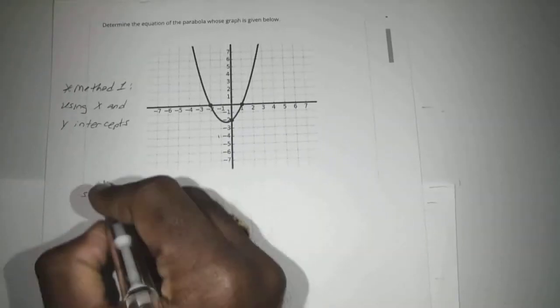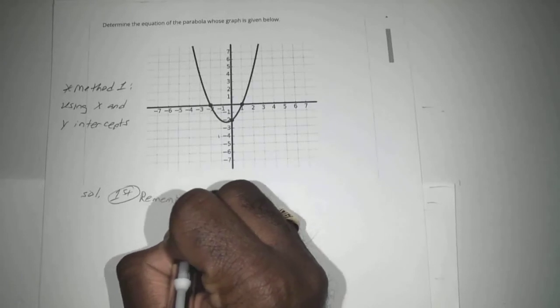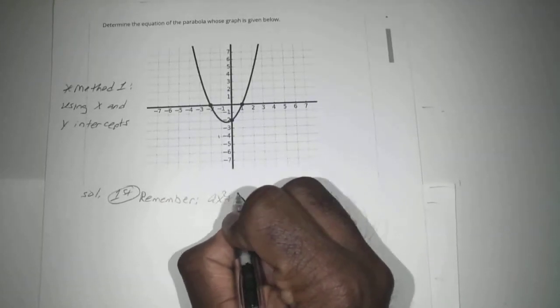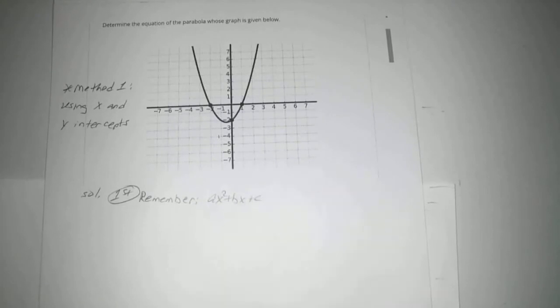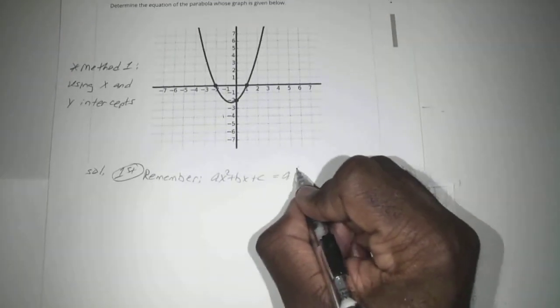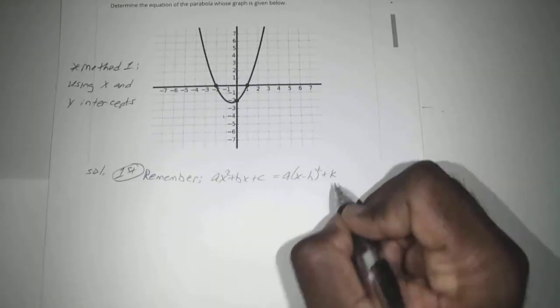Excuse me. Okay, so the first thing you want to do is remember that if you have ax squared plus bx plus c, you can actually rewrite that as a times x minus h squared plus k.